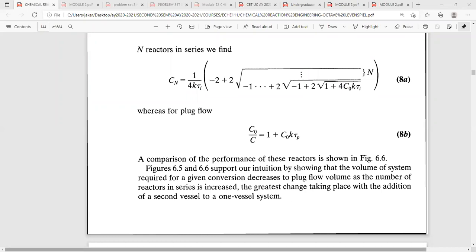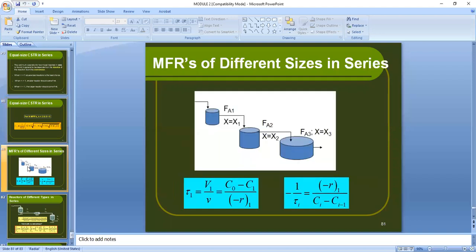It cannot be written in our slide the way it's written here, so I'm showing it to you. Go back to your book and check your handbook if you have a formula equivalent to that. Now, what if you have MFRs in series, but this time they are different in sizes?